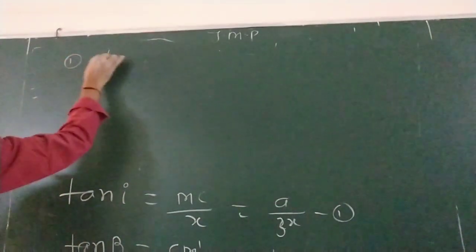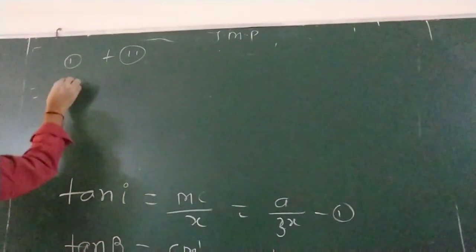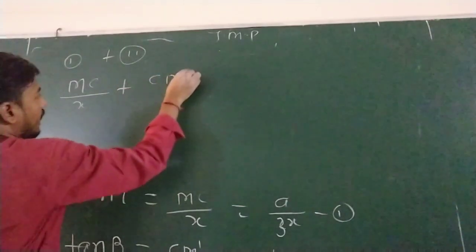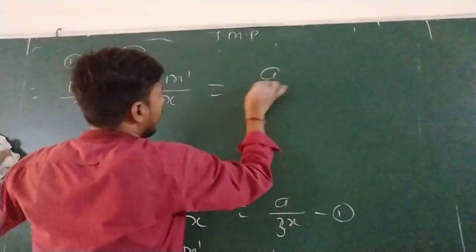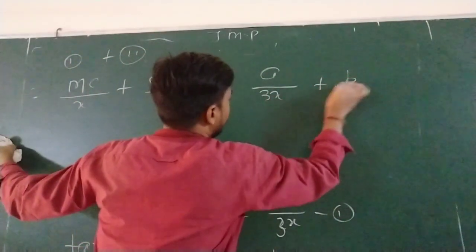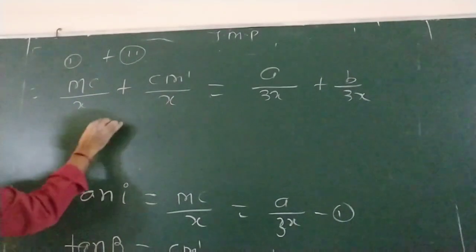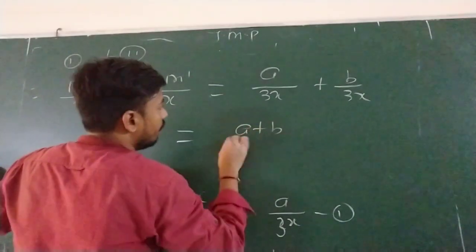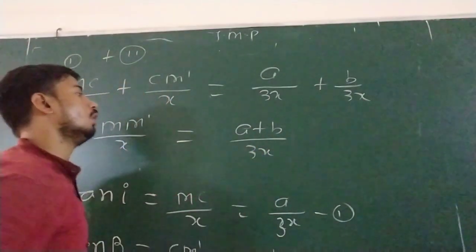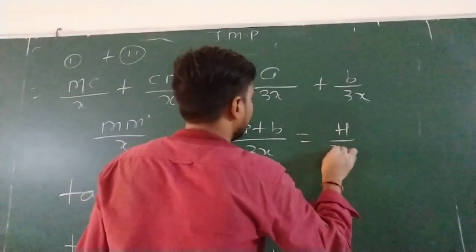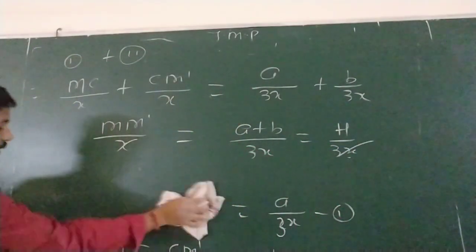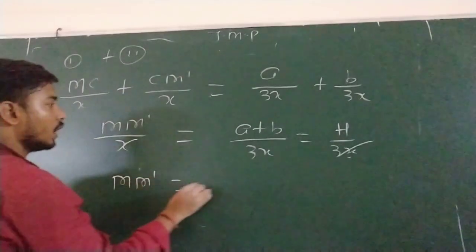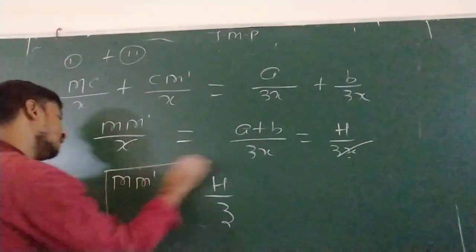First plus second: MC dash by x plus CM dash by x is equal to A by 3x plus B by 3x. This becomes MM dash by x is equal to A plus B by 3x, and this is the complete height of the wall. So h by 3x. X gets cancelled. So from here, MM dash is equal to h by 3.